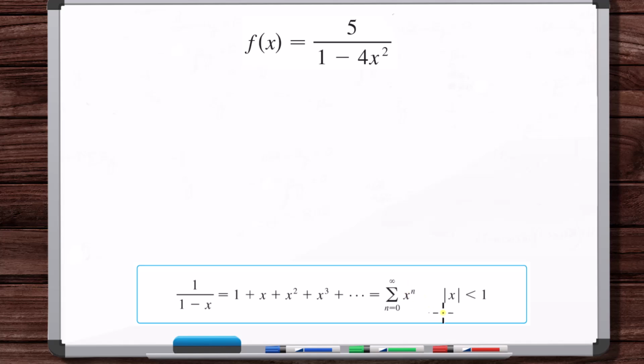If this converges, we know it does when the absolute value of x is less than 1, and when it converges, we know the formula for an infinite geometric series: it converges to the first term over 1 minus the common ratio.